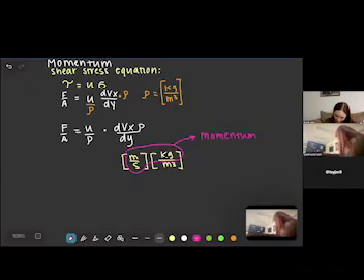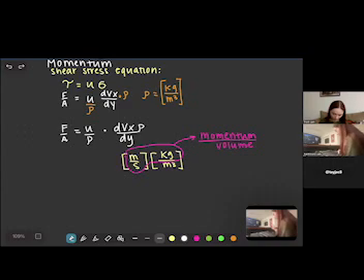And then meters cubed is volume. Which in turn, this will be our concentration gradient.